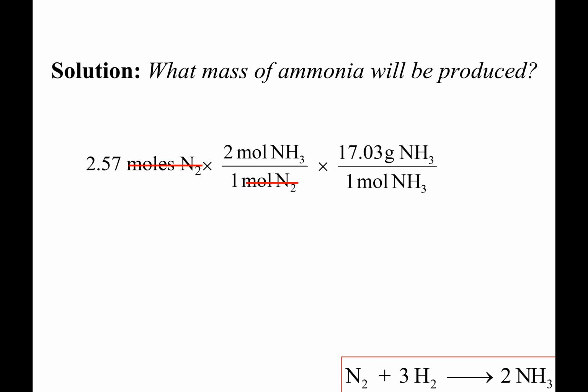You guys would tell me 3 sig figs. So you're looking at 87.5 grams of NH3 must be produced. And that was the last question. So it's a little suite of questions. It's a classic.